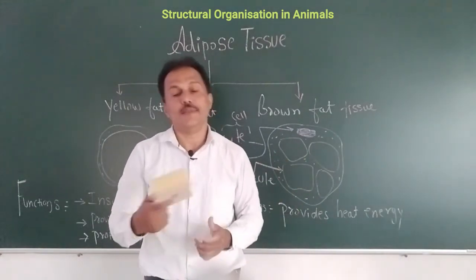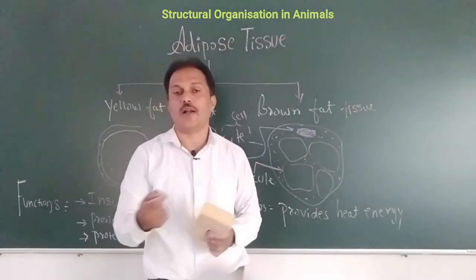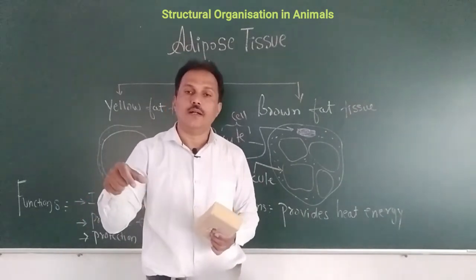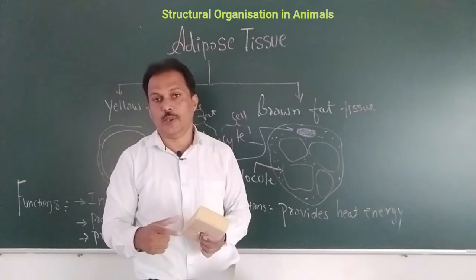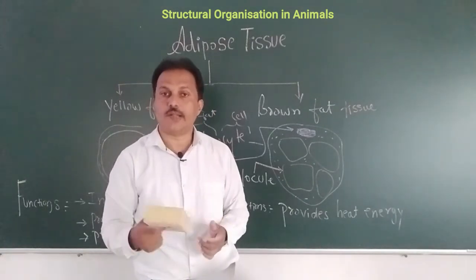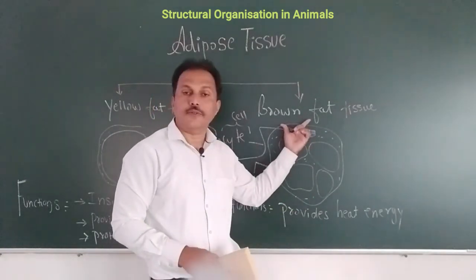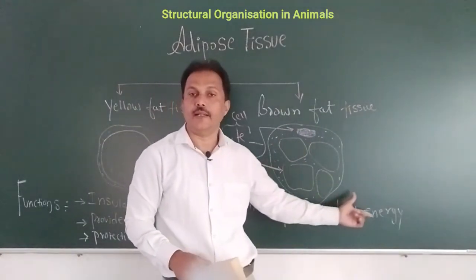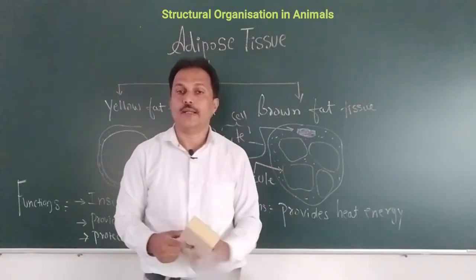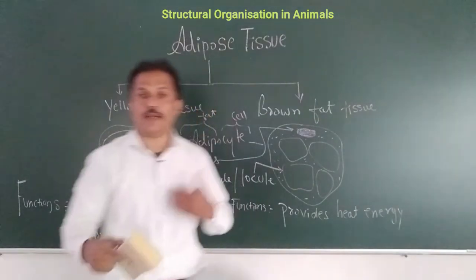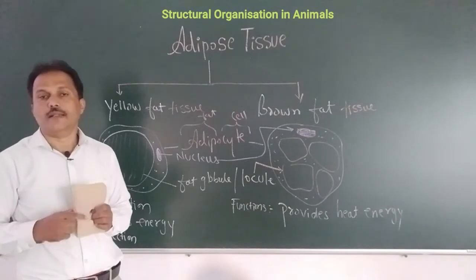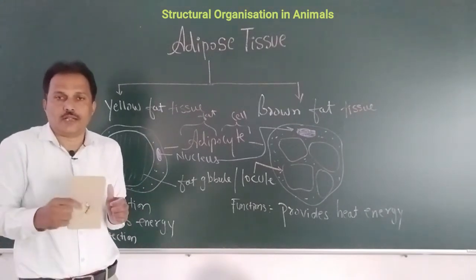Similarly in hibernating animals, frogs that live for years in the snow in the cold of the Himalayas without food and water, they survive on the brown fat. This brown fat provides them heat and heat energy for their survival. In adults like human beings, if we feel cold, we shiver.